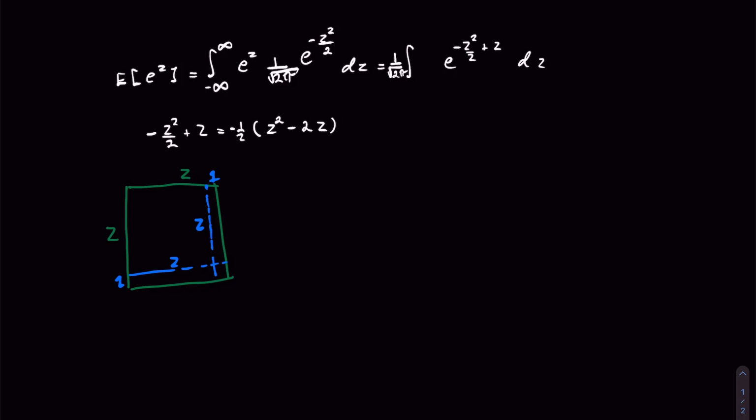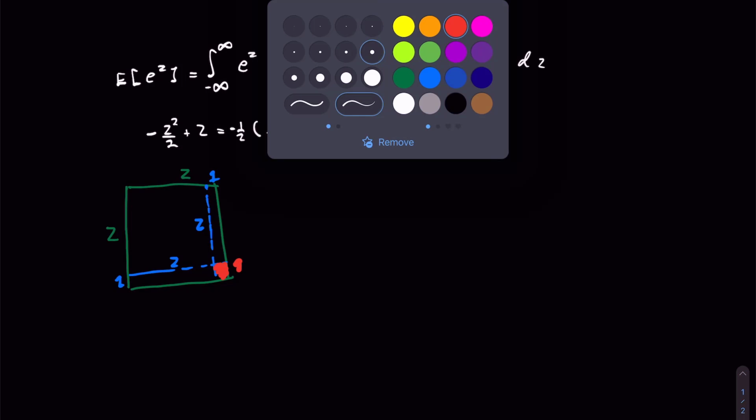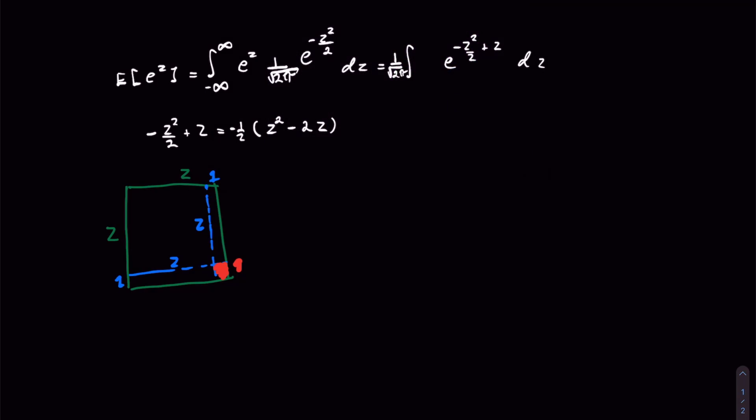This is z. Now we have to find this piece here that completes the square, and this piece is 1 by 1. So this is what we need to add back to this expression.